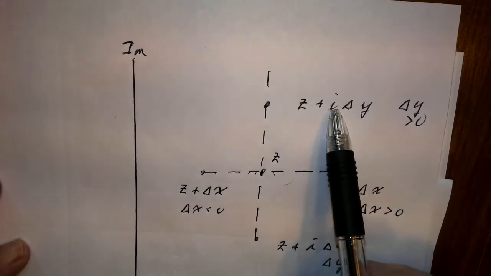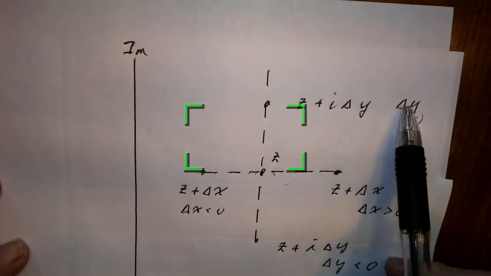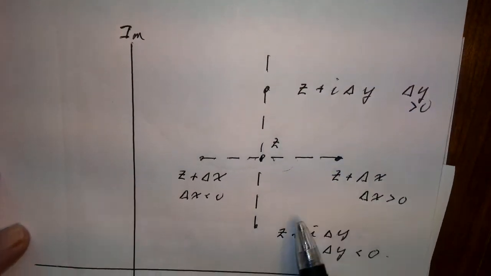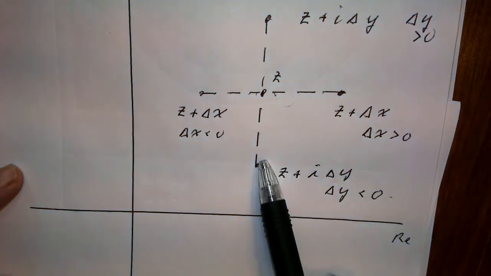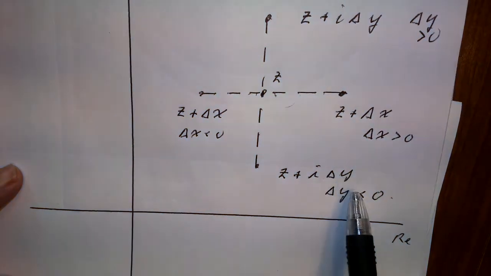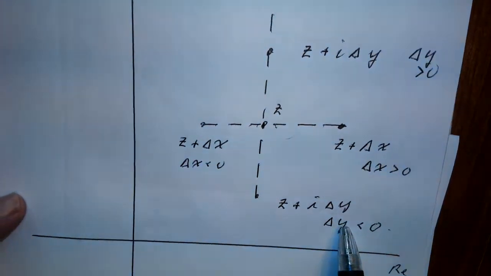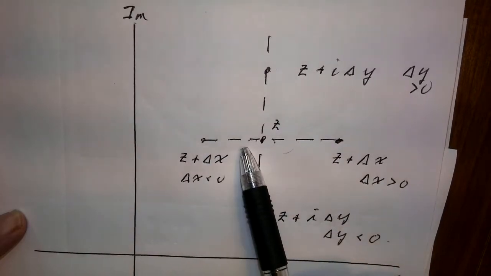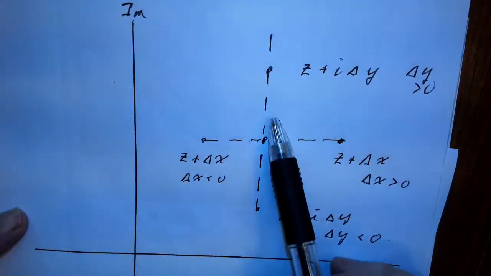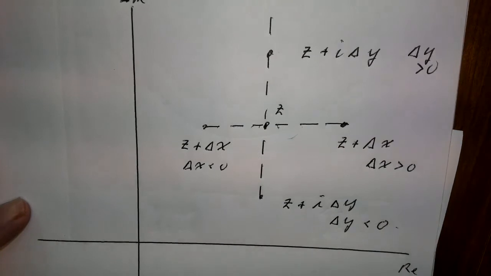So this would be z plus i times delta y, where delta y is greater than 0. Similarly, this point down here, because it's directly below, would be z plus i delta y, where delta y is less than 0. This length is delta x, and this length is delta y.